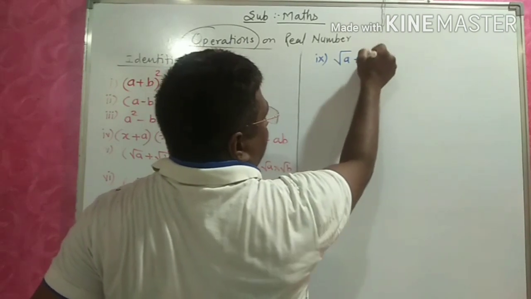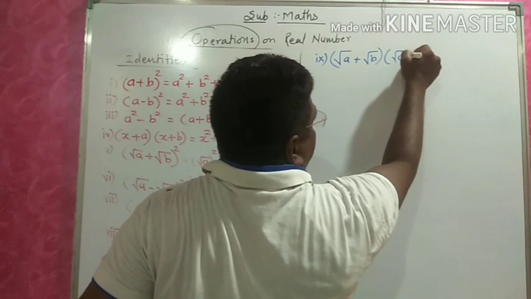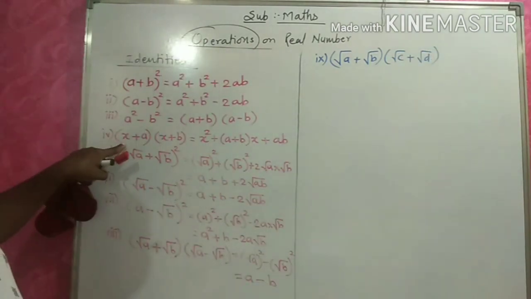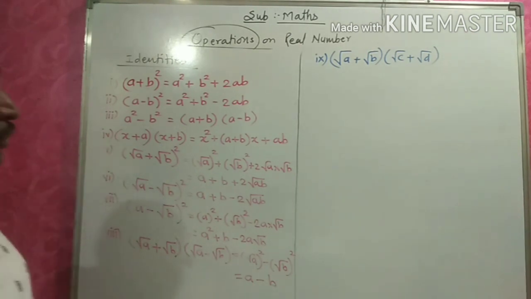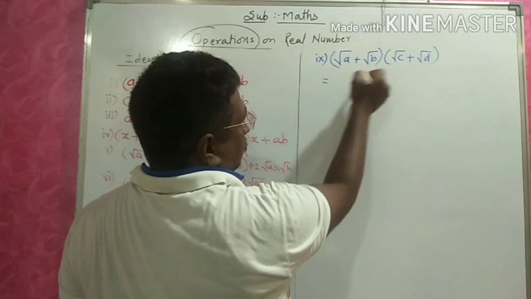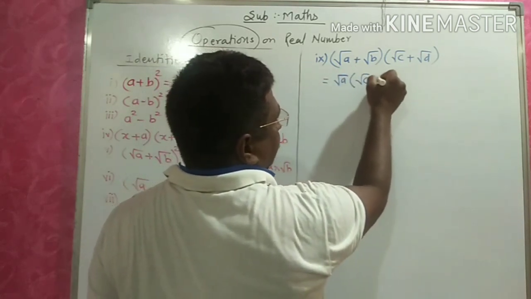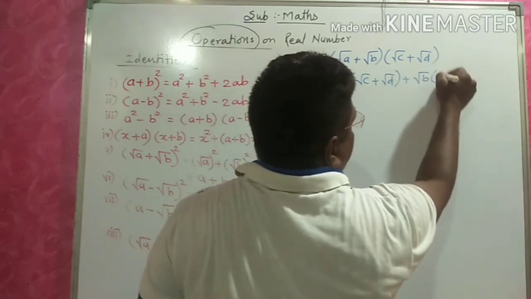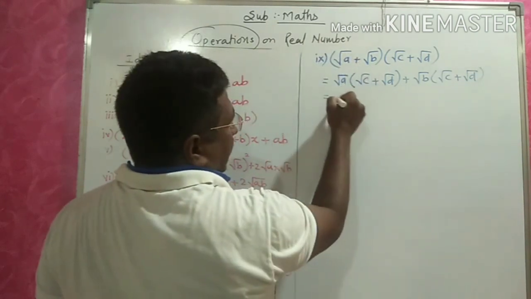Root A plus root B into root C plus root D, like this identity. So what can we say here? Using the distributive property, root A into root C plus root D plus root B into root C plus root D. So what will we get?